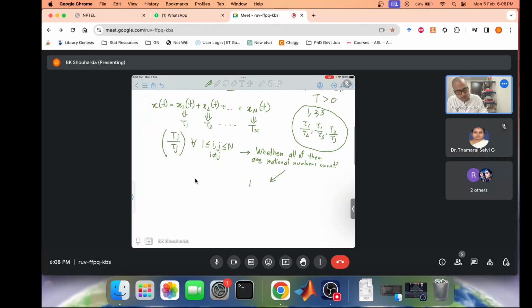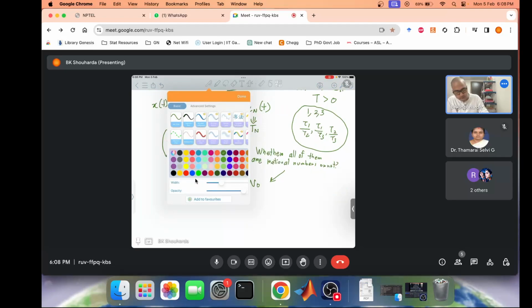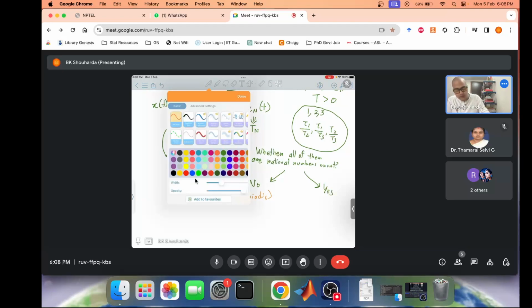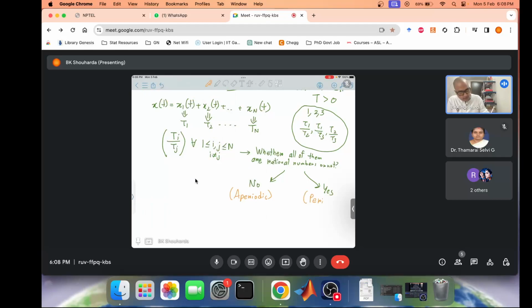If no, then the signal is aperiodic. If all of them are rational numbers, then the signal is said to be periodic. And what is the net period? The net period will be the lowest common multiple, or the LCM, of T1, T2, all the way to Tn.